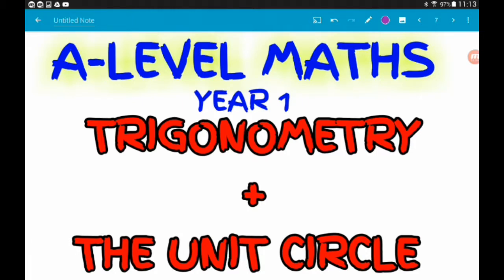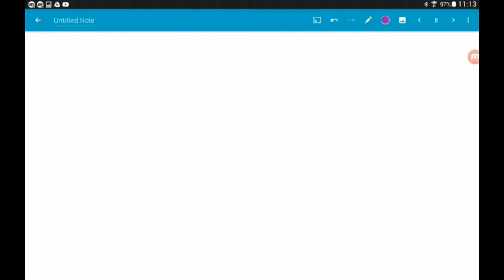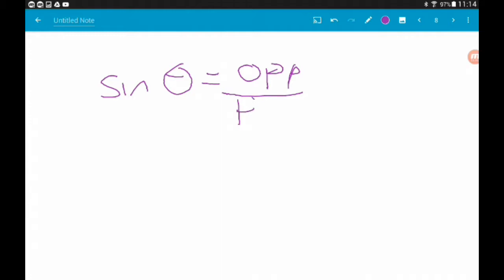Okay, so first of all, we're going to need our three trig identities. So, sine theta is, in a triangle, the opposite divided by the hypotenuse.